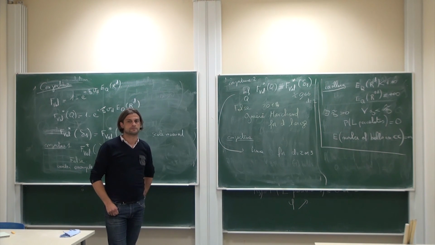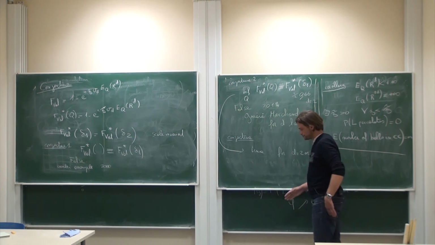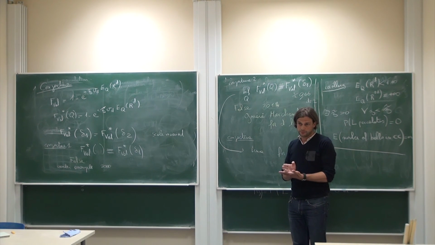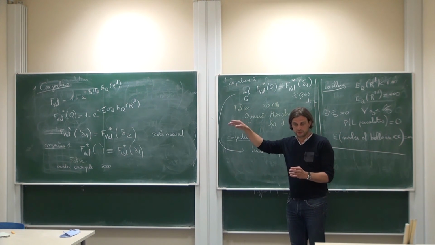More questions? You said this corollary is specific, because for Bernoulli percolation this is not true. Is that obvious? No, it's not obvious. For Bernoulli percolation, for p smaller than p star, the size of the connected component has an exponential decay. It means the size of the connected component is bigger than n with probability smaller than exponential of minus n.